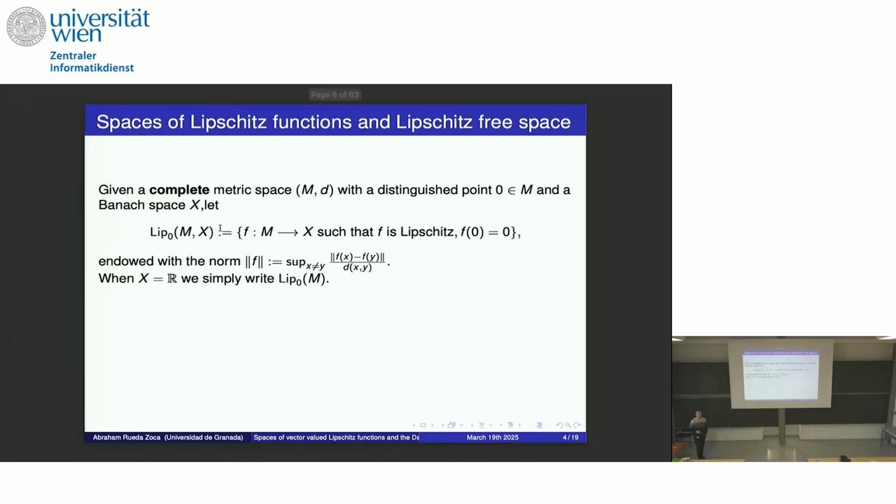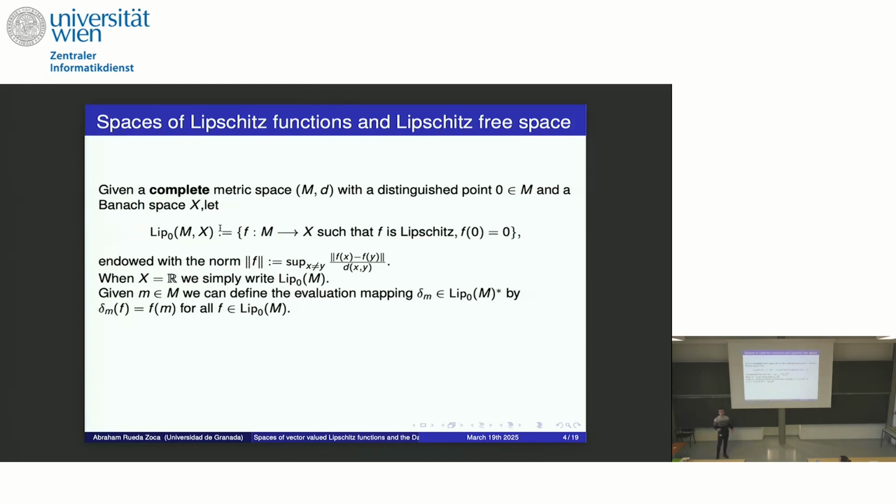We will avoid the reference to the Banach space when it is the scalar field, which will be R, in order to take advantage of the McShane extension theorem. This space is a Banach space, but even more, the real-valued Lipschitz function space is a dual Banach space. In order to give a description of the predual, we can consider the evaluation mapping delta_m, in the same way as we do in spaces of continuous functions.